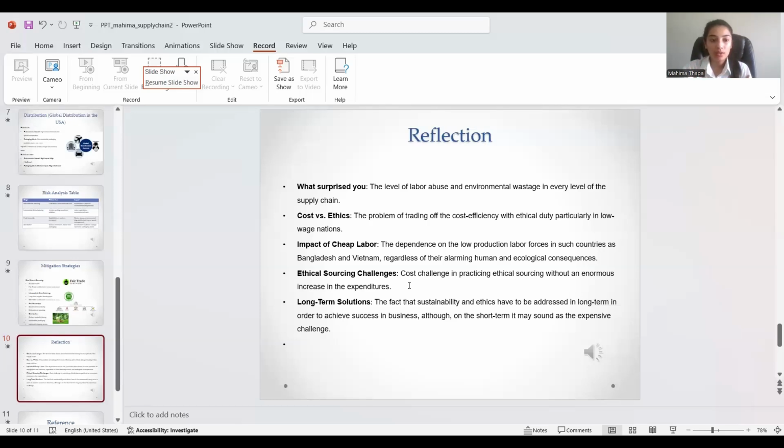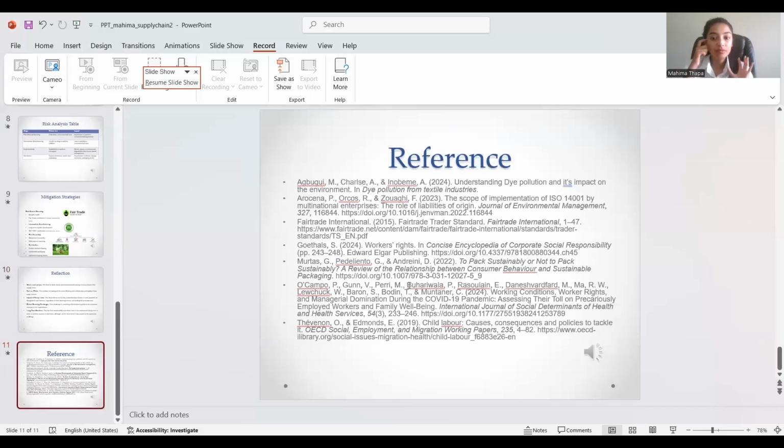So in conclusion, I would say that ethical sourcing is not just a trend, but it's essential for a sustainable future. Businesses must take full responsibility, and it's not just about what they buy, but about how it's made.